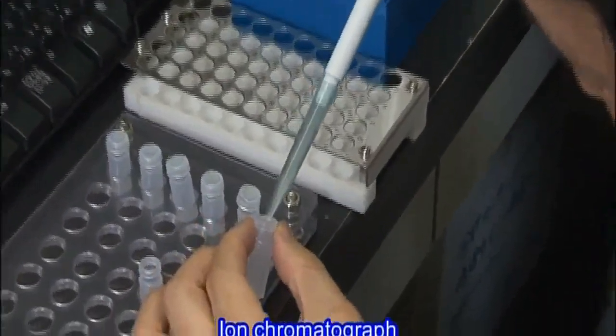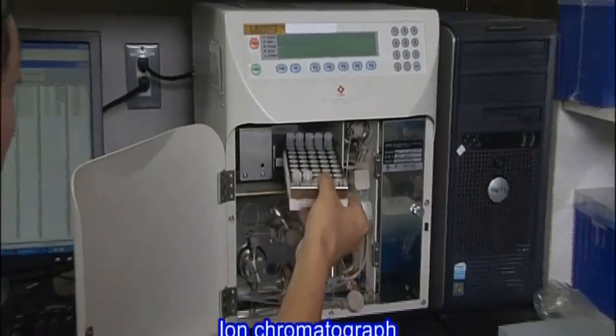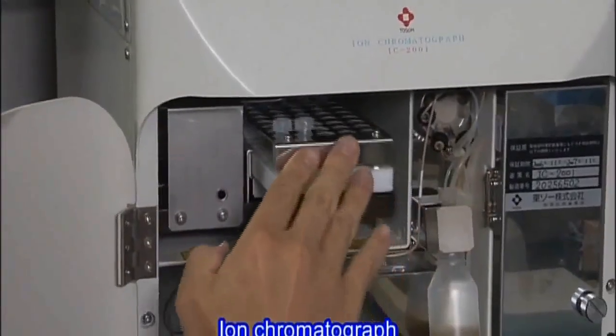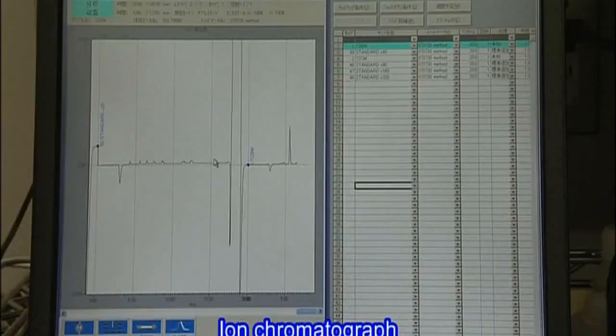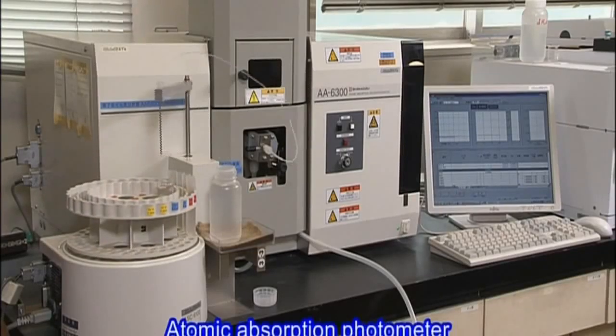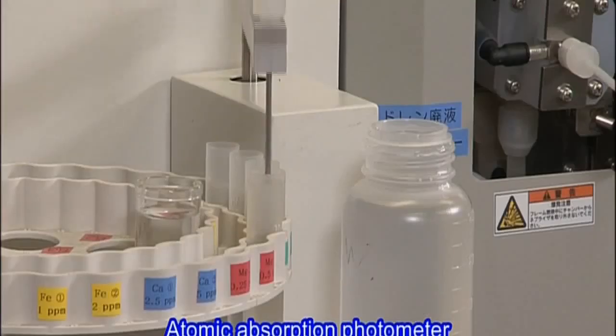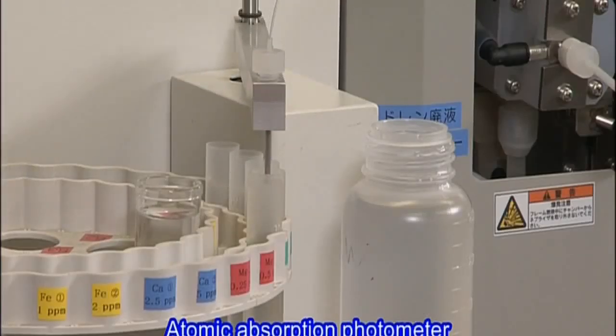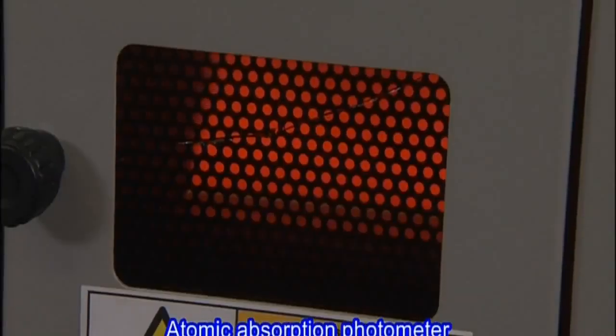The ion chromatograph identifies ions contained in a sample. The atomic absorption photometer analyzes types and quantities of substances contained in a sample.